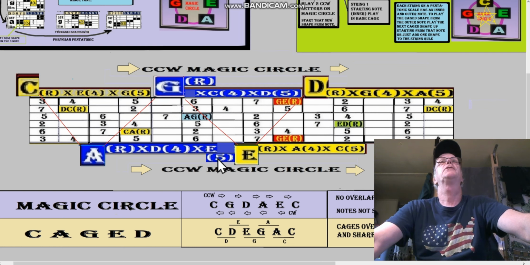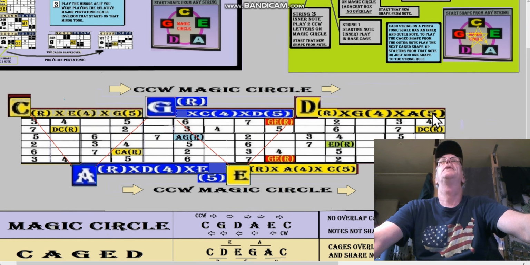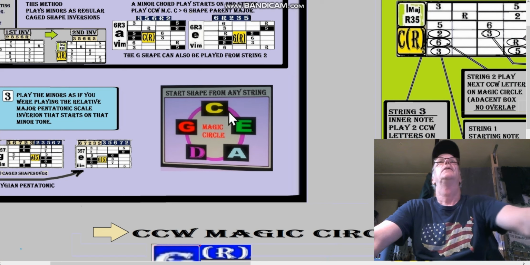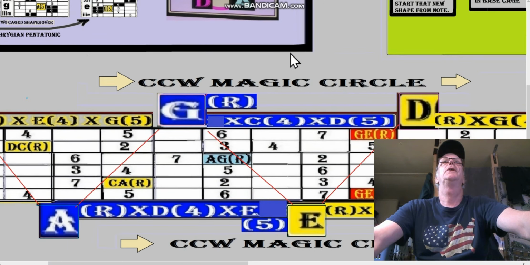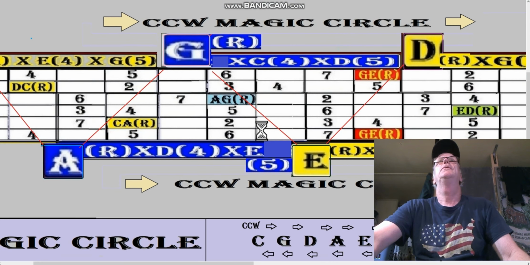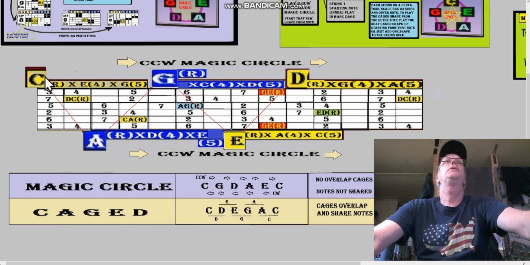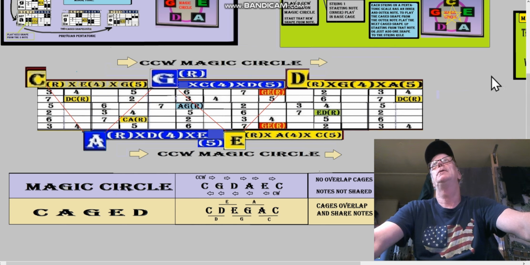But with the magic circle, there is no sharing of notes, so we have this relationship here. The C goes to E, goes to A, goes to D, goes to G. In other words, if I drew a long enough fretboard, if I doubled the length of this, then D would go to A up here, and A would go to E up there, all the way across.